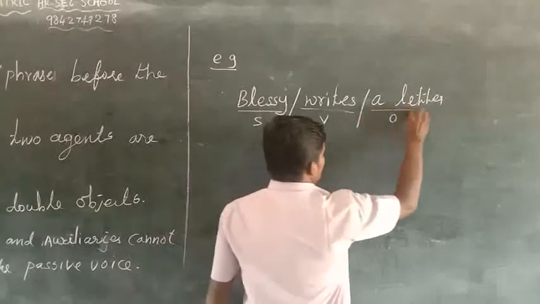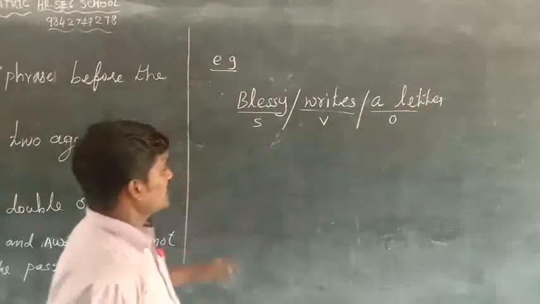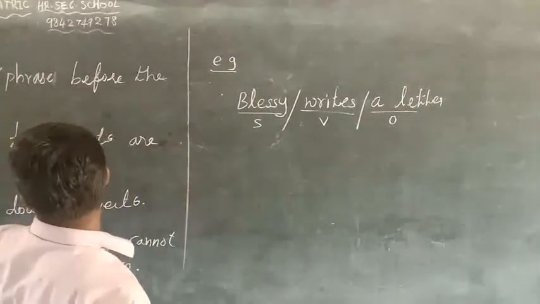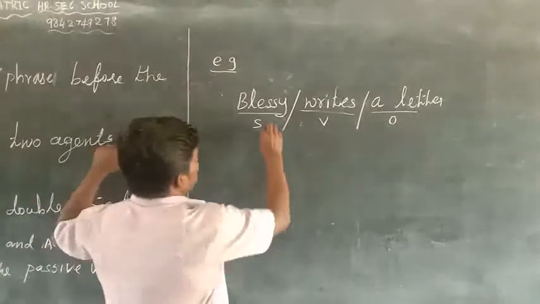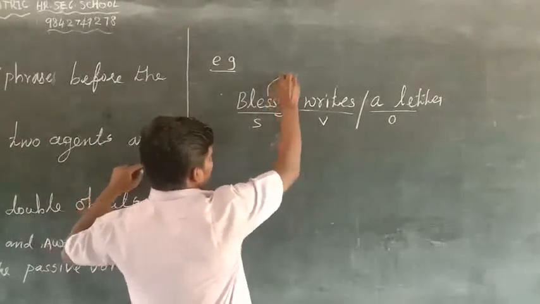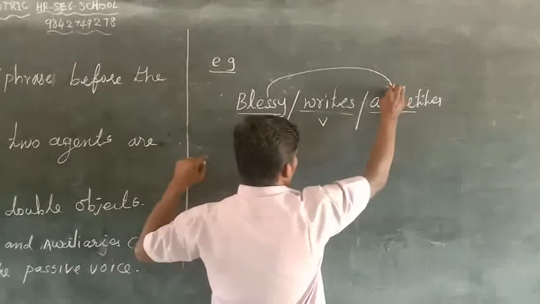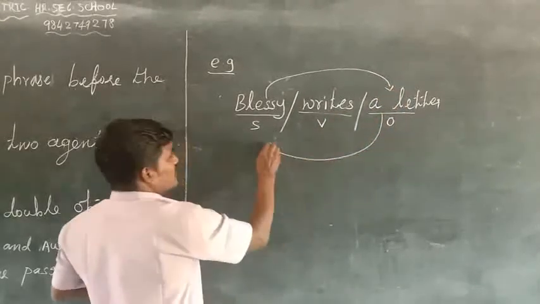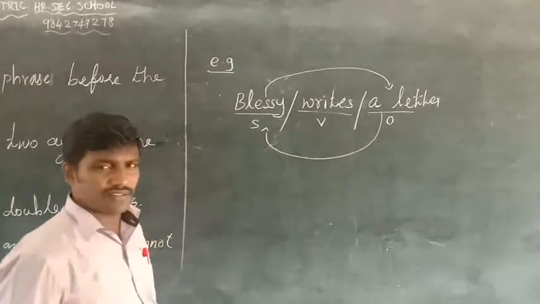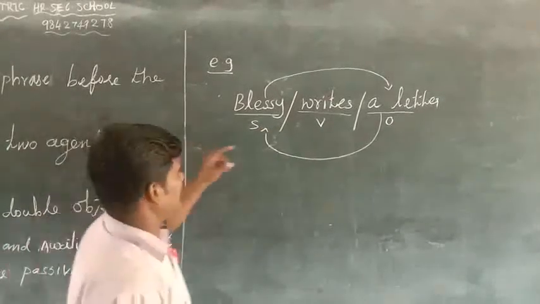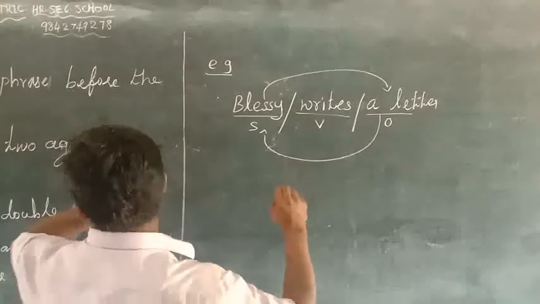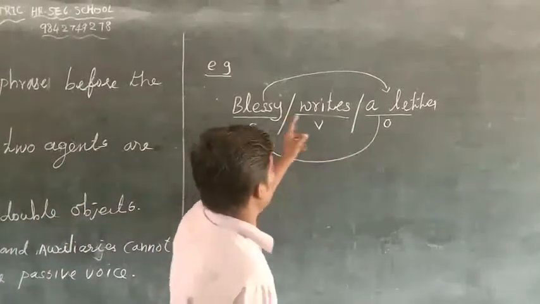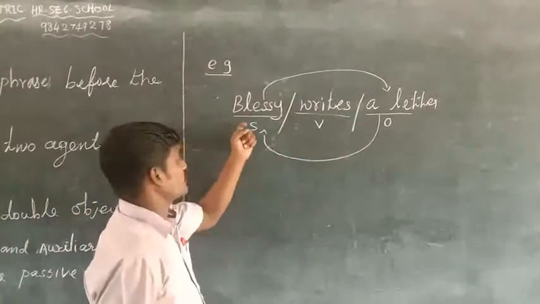A letter is the object. The first point: the subject should be placed in the object place, and the object should be placed in the subject place. Is it easy? The second point: a letter, the object, goes to the placement of the subject.